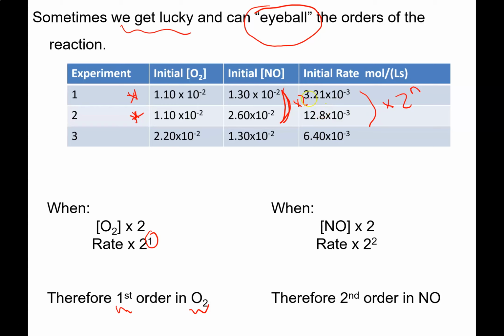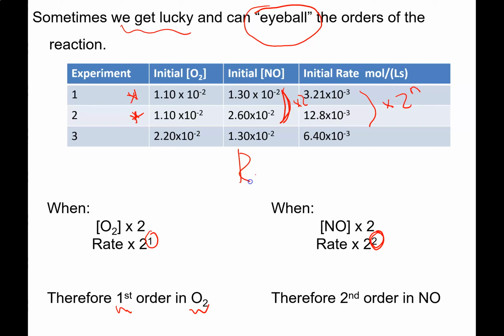And if I look here, I wrote this in non-official scientific notation to illustrate this point. This rate here goes up by 4. How do I get 4? 2 to the 2. So I can identify, just by eyeballing it, that it is second order with respect to NO.